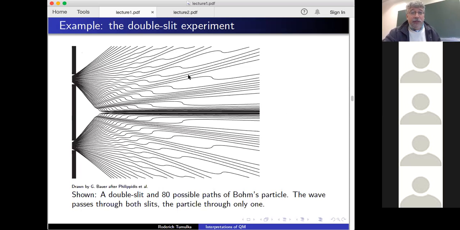Now in this picture, I've drawn the Bohmian trajectories, in fact, alternative possible trajectories. There are actually 80 trajectories. The idea is that according to Bohmian mechanics, the particle will just follow one of these trajectories, and which one, that is random. Every time you do the experiment, the wave is coming from the left and moving to the right.